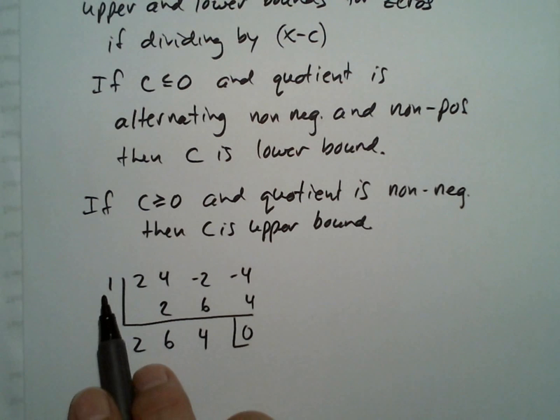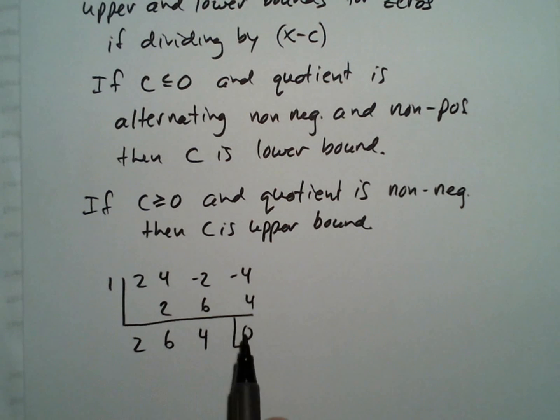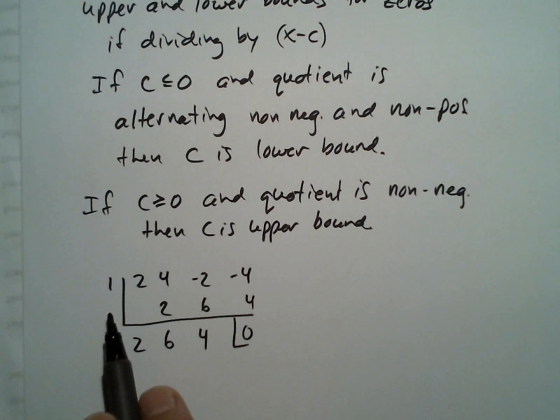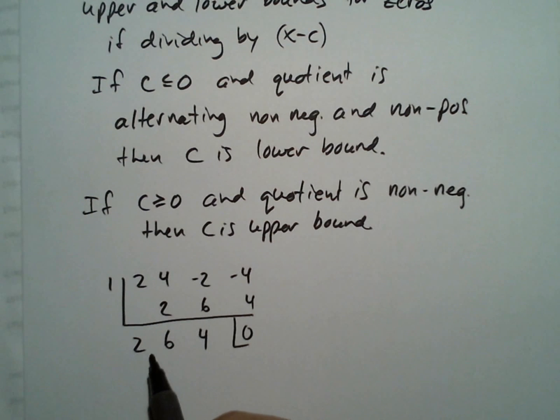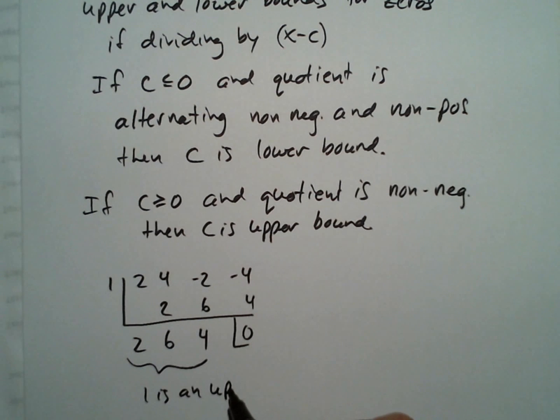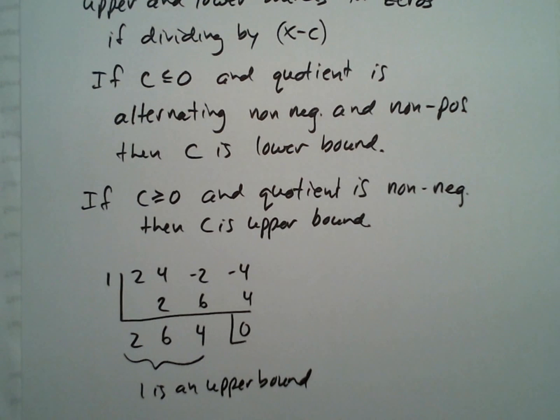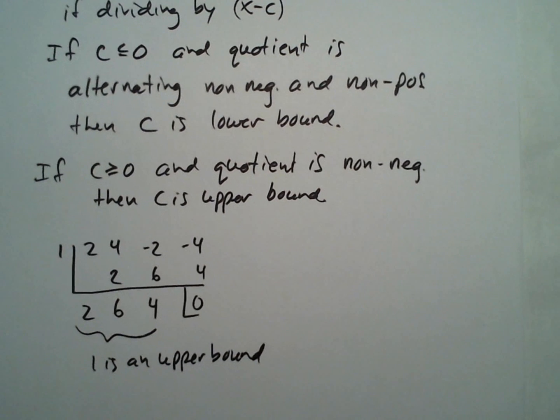And 1 is a 0, so 1 is something we want to keep. But now if we have to check more numbers, we look at this and see that they're all positive. So we say that 1 is an upper bound, meaning don't try 2, 3, 4, 5, any of those bigger than 1.